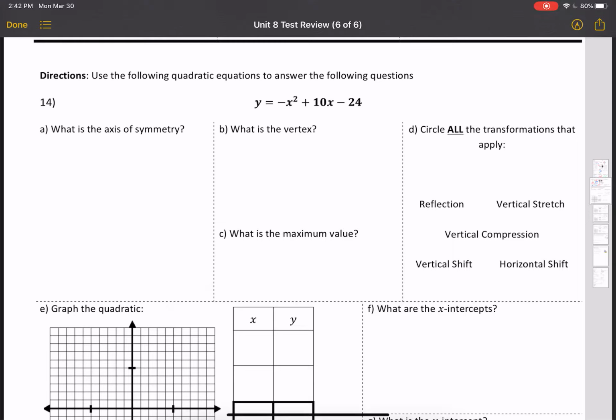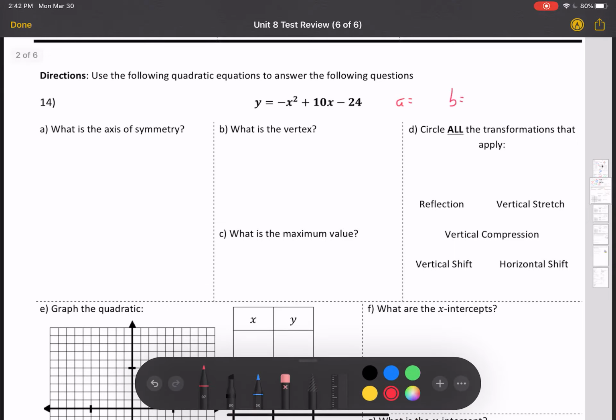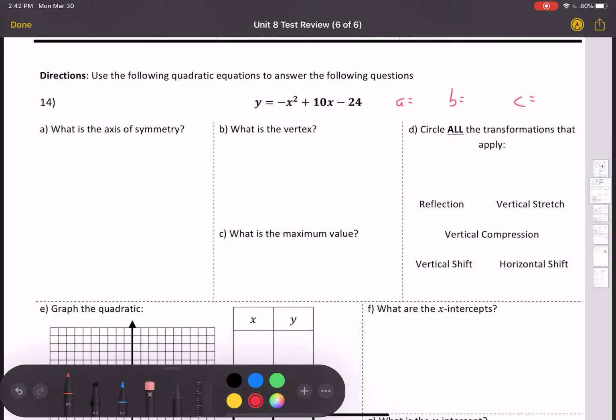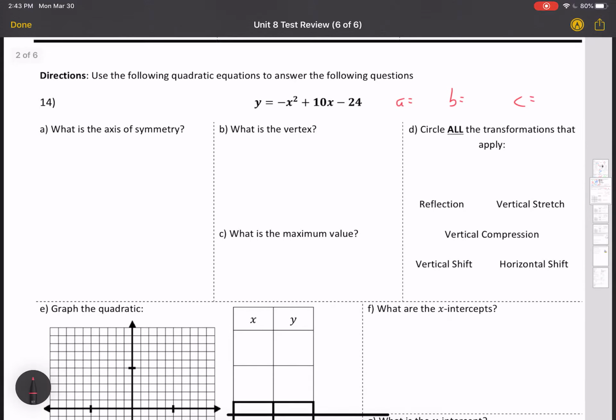So what you want to do is always label what's your A value, what's your B value, and what's your C value. Okay, so our A value is -1, our B value is 10, and our C value is -24. So the axis of symmetry, if it's in standard form, is x equals -b over 2a. So let's solve this.